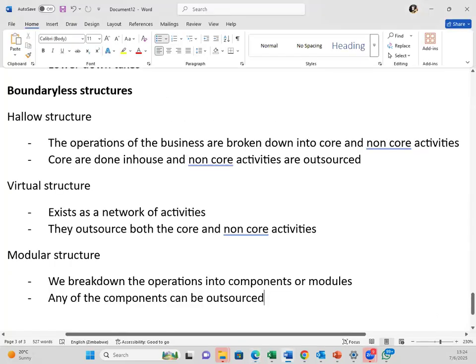So let's have those terms that we come across in organizations.